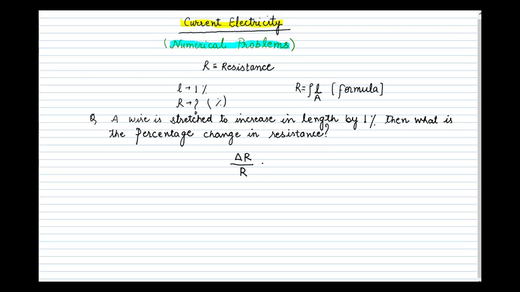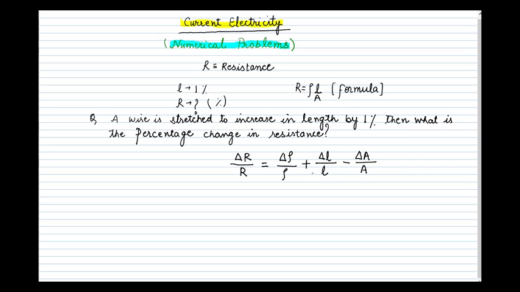It may be written as, first, delta rho upon rho, that is the ratio of change in resistivity upon resistivity. Then here we have length, so this is the change in length upon the length. And A is in the denominator, so we write the change in the cross section upon the cross section. Whenever there is a change, you can write this down, but this change should be small.